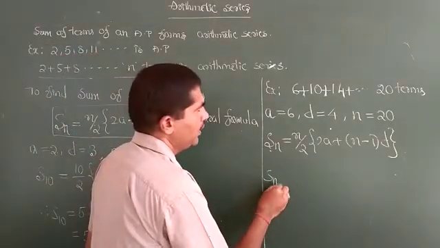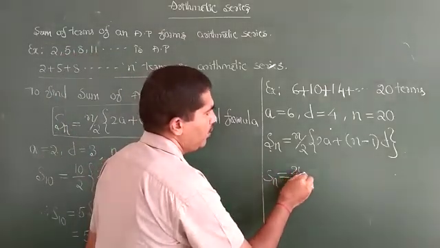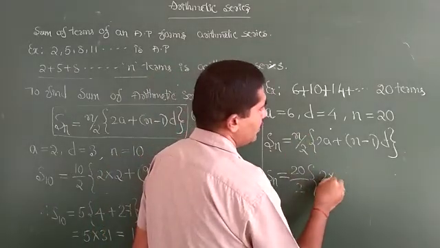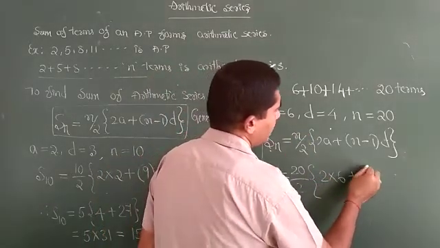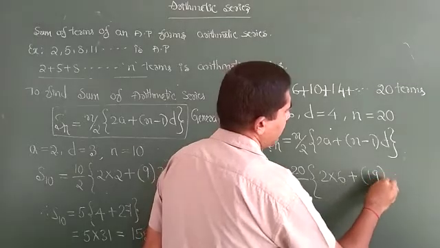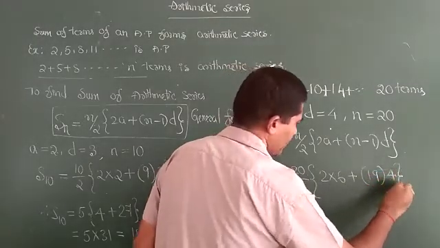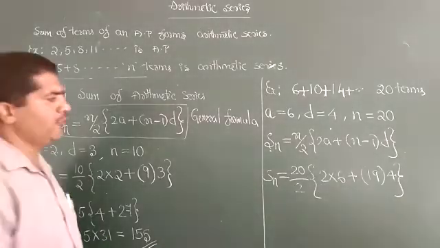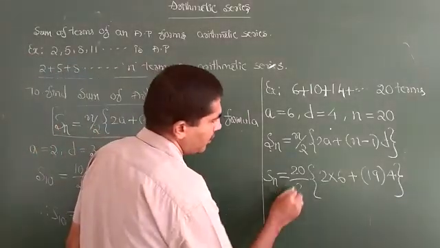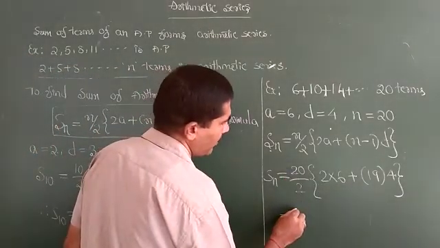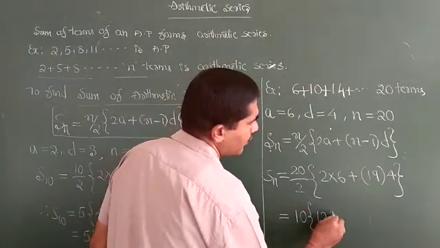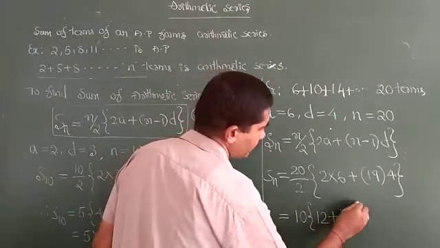Sn equal to n by 2 became 20 by 2 into 2a has become 2 into 6, 12 plus n minus 1 is 19 into d value is 4. If there is a negative value, use a bracket so that you will not get confused. So n equal to 20, 20 by 2 is 10. 10 into, 2 into 6 is 12, plus 19 into 4 is 76.